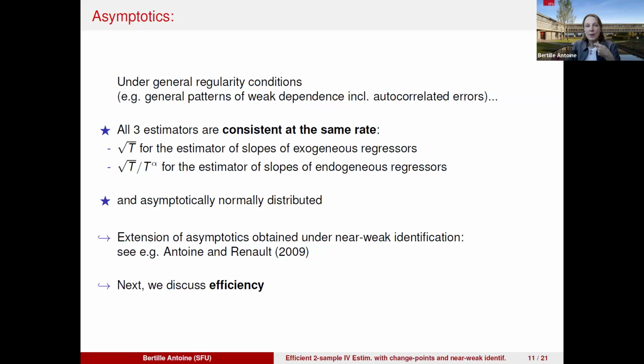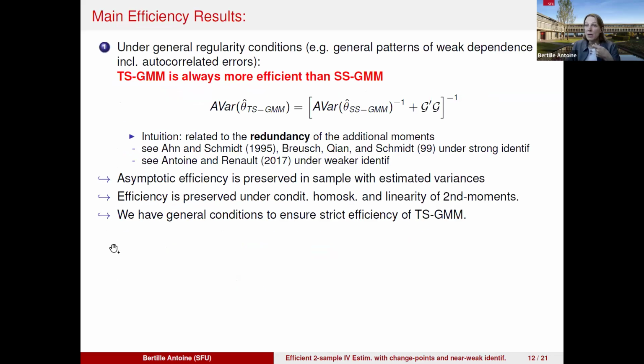Now, of course, the main question is about efficiency, and effectively speaking, whether this double number of moments that we are using from the first stage is going to provide relevant information for the estimation of the slope parameters.